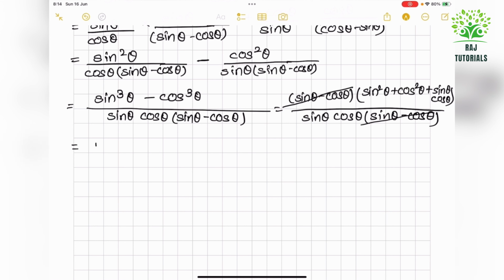Now sin theta minus cos theta, sin theta minus cos theta I am cutting. So this became sin square plus cos square will be 1, plus sin theta cos theta, whole upon sin theta cos theta.